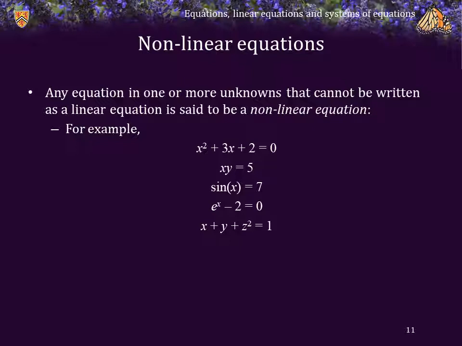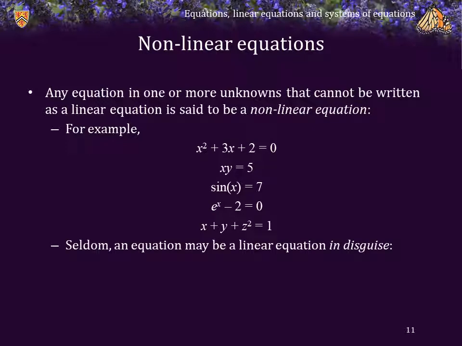The third has the variable being the argument to the sine function. The fourth has the variable being the argument to the exponential. And in the last one, we have the square of the z variable.